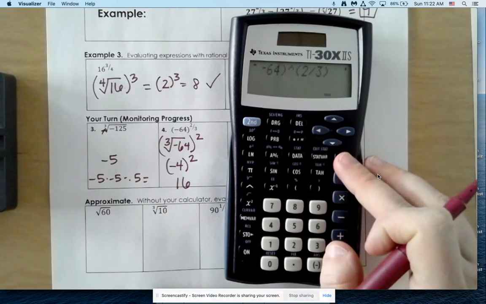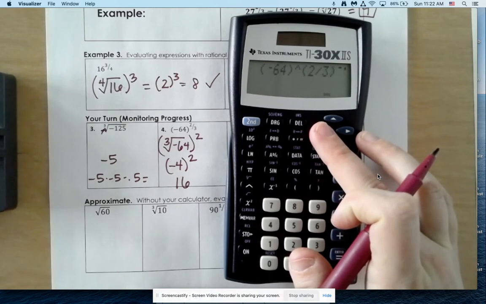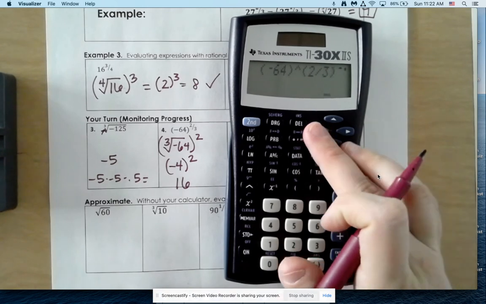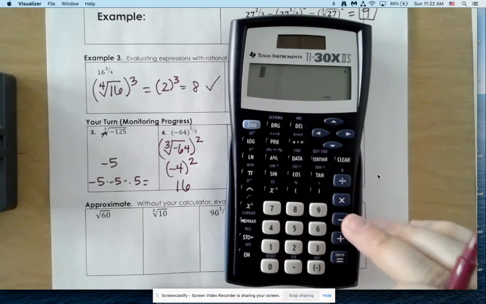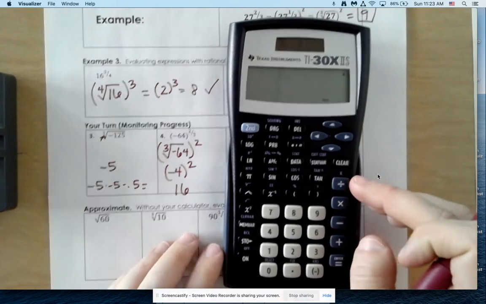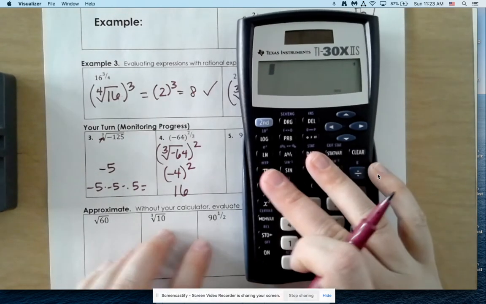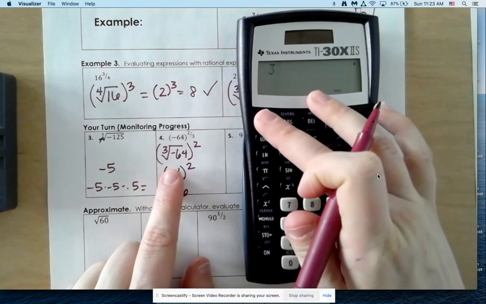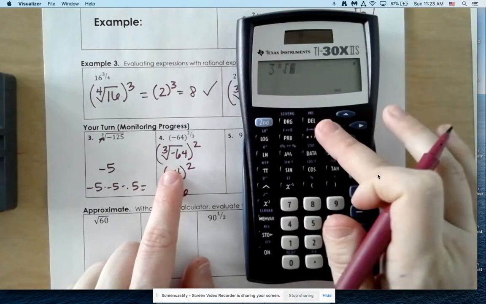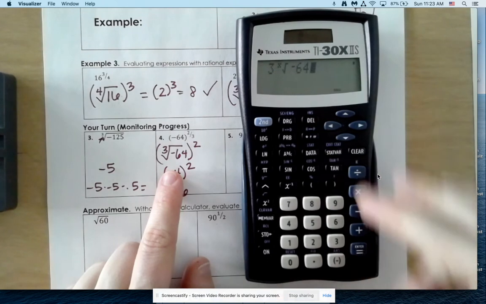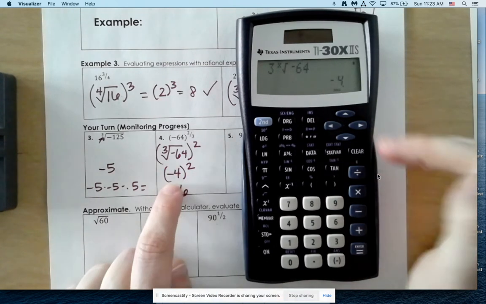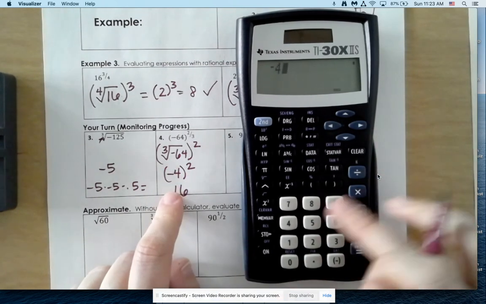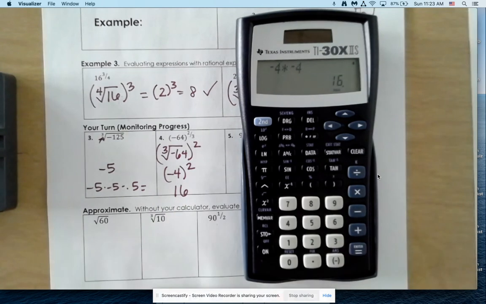Domain error. Okay, backtrack. Let's break it down. I don't know what I hit in the calculator, folks. I don't want to waste your time anymore. Okay, let's find the cube root of negative 64. So hit 3, second up arrow, negative 64. There's our negative 4. And now I'm squaring it. So negative 4 times negative 4 is 16.